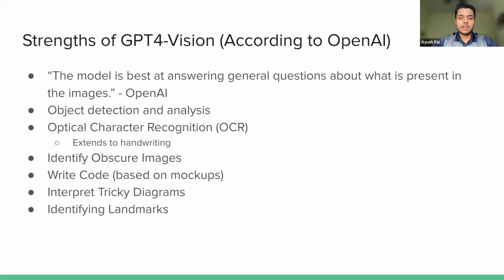Object detection and analysis form another pillar of the API's strength. From everyday items to specialized equipment, GPT-4 Vision can recognize and provide insights about thousands of objects. Another strength is optical character recognition, or OCR.